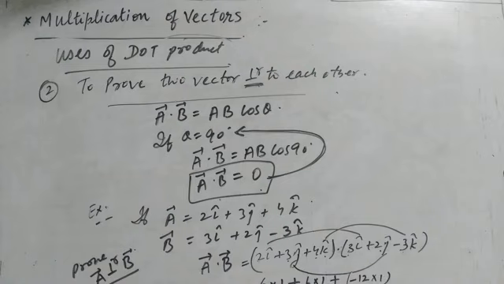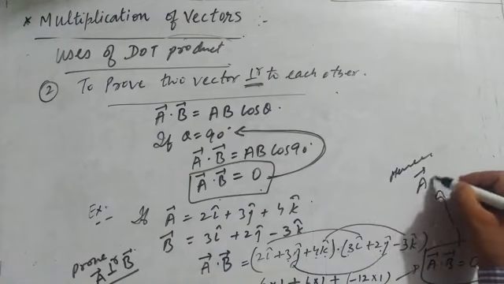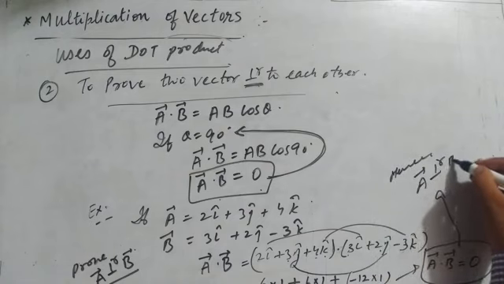So this becomes 6 plus 6, that is 12, minus 12 equal to 0. So A dot B becomes 0, that is their dot product becomes 0. Hence we can say A vector is perpendicular to B vector.